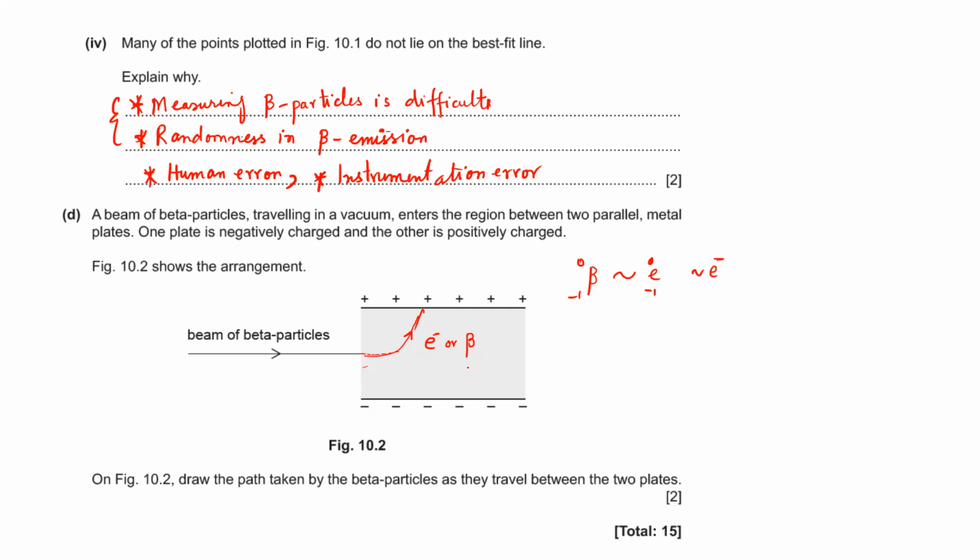Since beta particles are negatively charged, they are attracted by the positively charged plate. This is how we draw the path taken by the beta particle across the plates. So this is our paper number 2 for the October-November 2020 exam.